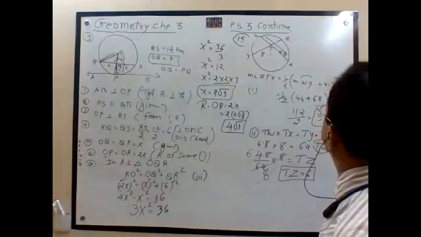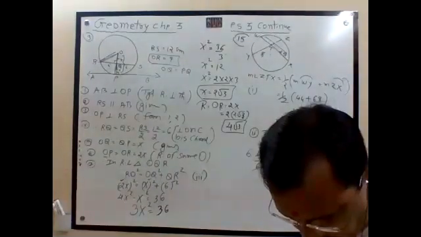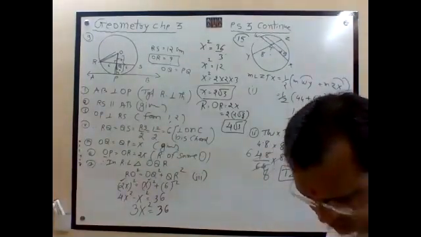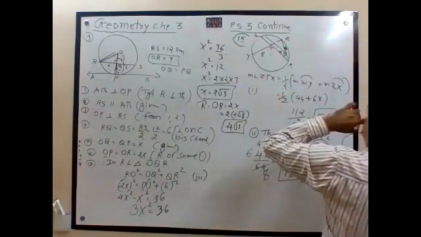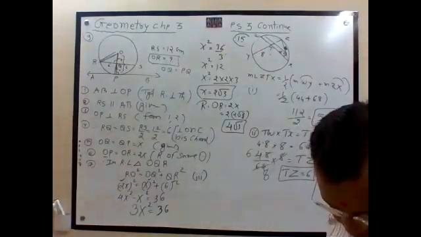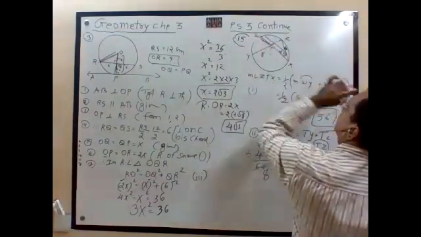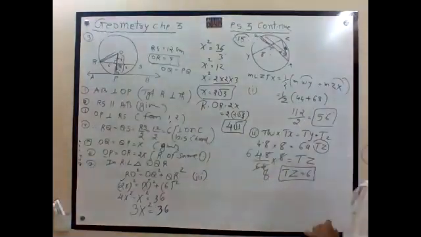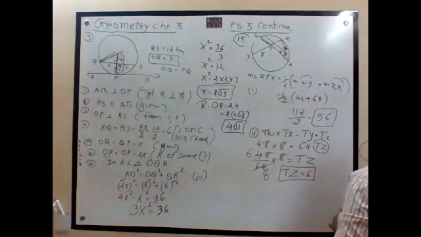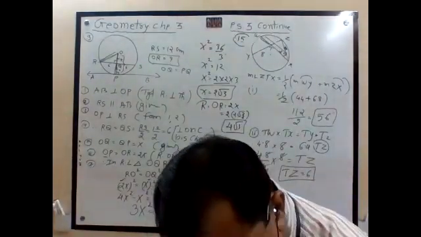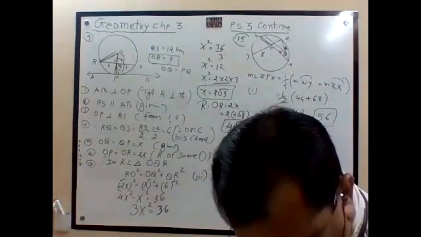ZX is 27. Okay. Find WT. This we have to find. WX is 25, YT is 8.